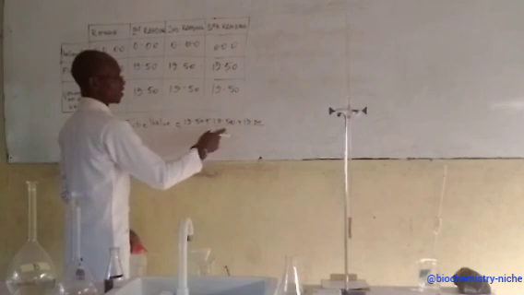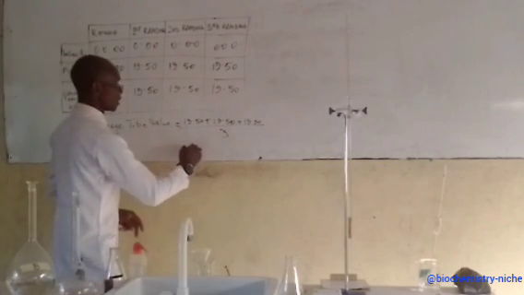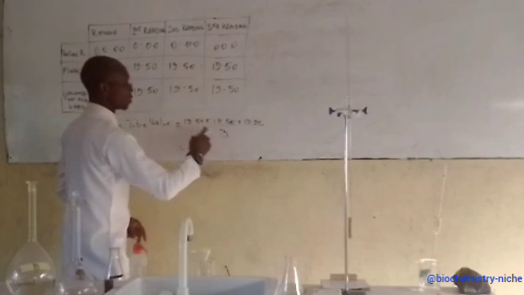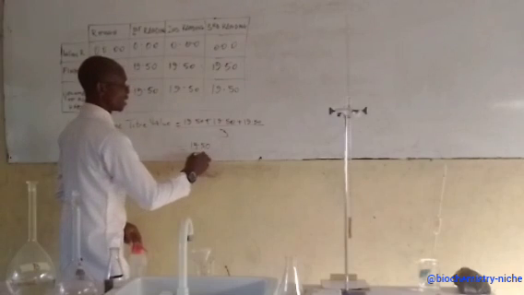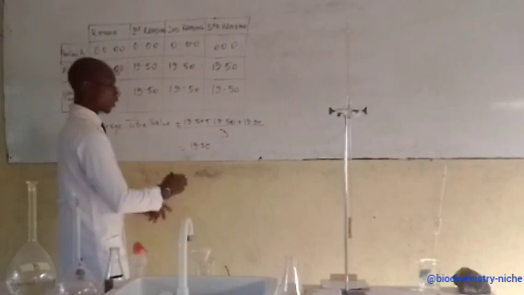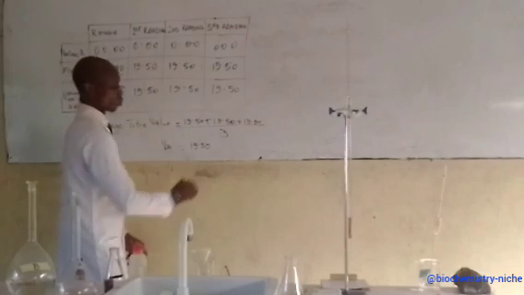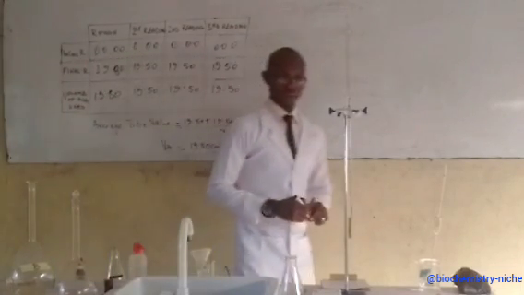You can use the 3 of them, then you divide by 3. For what we have here, our average titration value is going to be 19.50, because when you add everything and divide by 3, we get 19.50, and this is going to be the volume of our acid used, that is VA. So we have it to be in centimeter cube. So that is that about that.